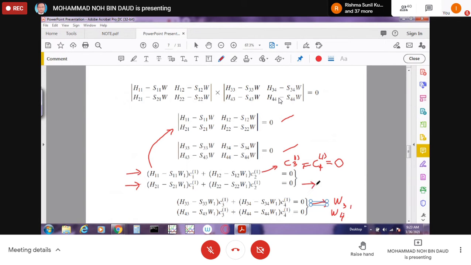So we get W1 and W2, the solution of the secular equation. After we get this W1, W2, we substitute into here.